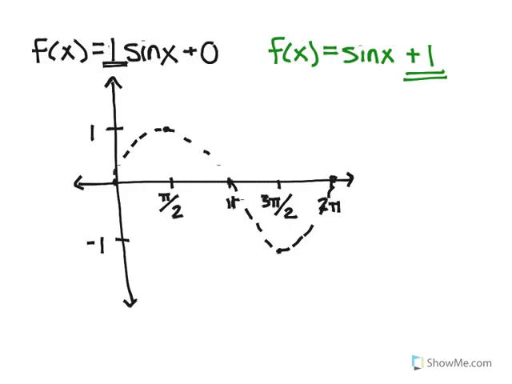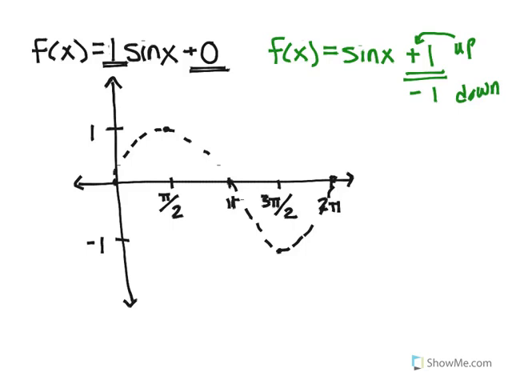It's just a 0. So there's still a vertical shift marker here. It just tells you to not move it. In this case, this tells you move everything up 1 unit. And the reason why it's up is because it's positive. If it were -1 instead, you would move it down.